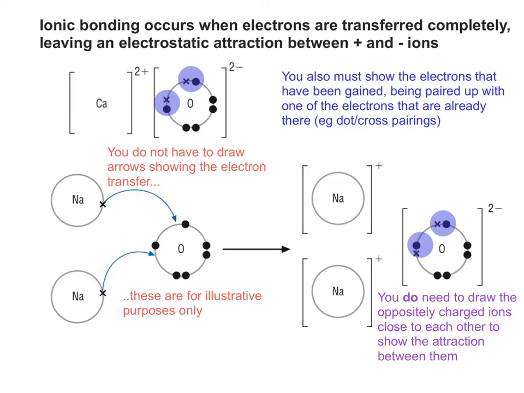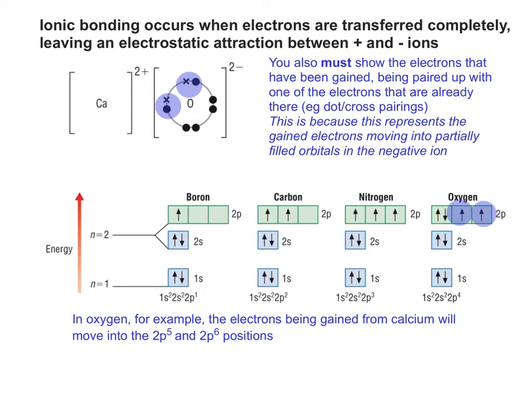And you must show the electrons that have been gained being paired up with one of the electrons that are already there, as shown and highlighted in purple. And the reason for this is that it represents the gained electrons moving into partially filled orbitals in the negative ion. If you think back to your work recently on orbitals and how the orbitals get filled in subshells, looking at oxygen, you can see that it's got a 2p4 configuration.